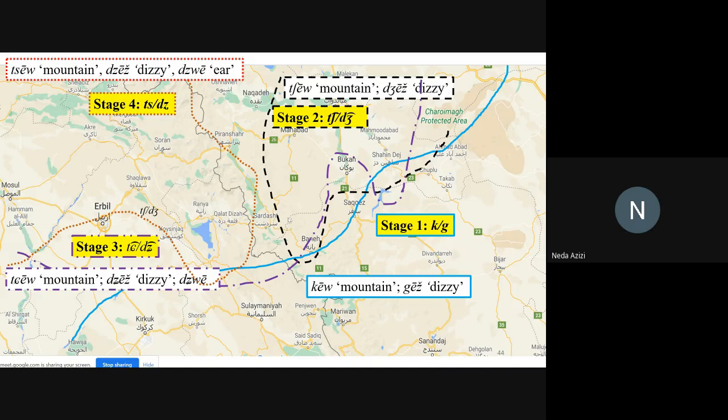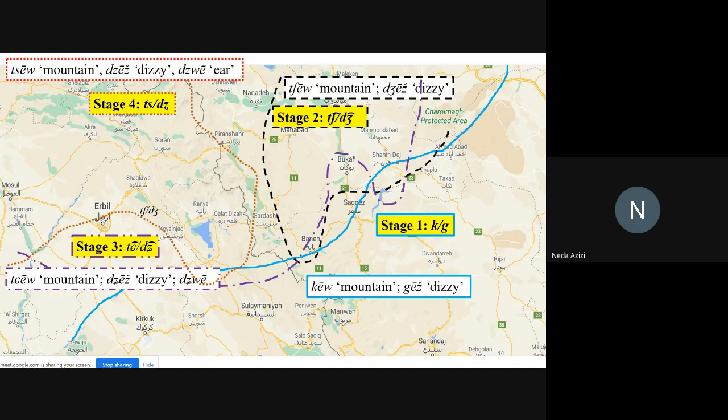And in the last stage, the palatalized phonemes move forward. For instance, teo, mountain, diz, dizzy, which occurs further west to the Iraqi borders, including Erbil, and surroundings up to northwest Mukri in the villages around Piranshah.